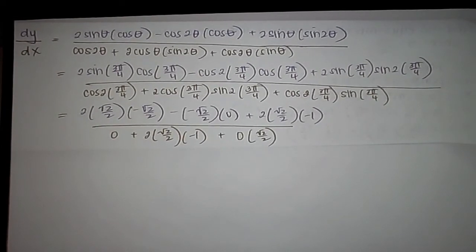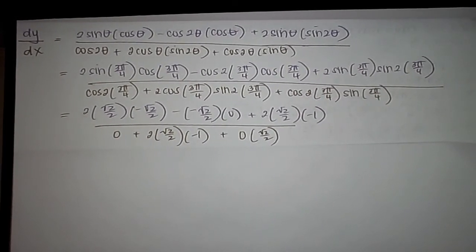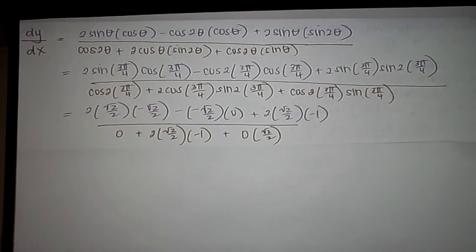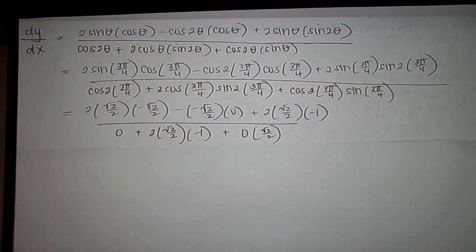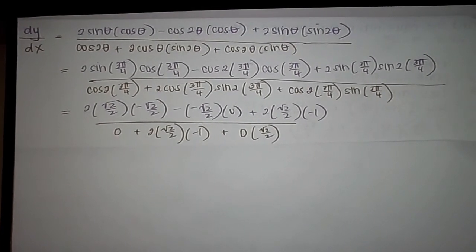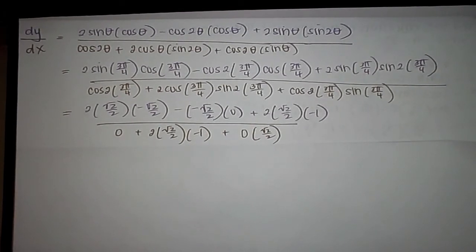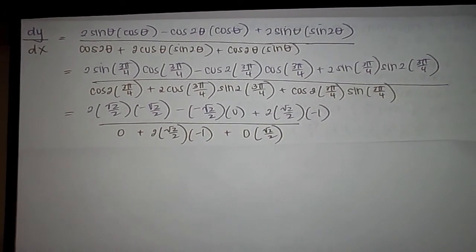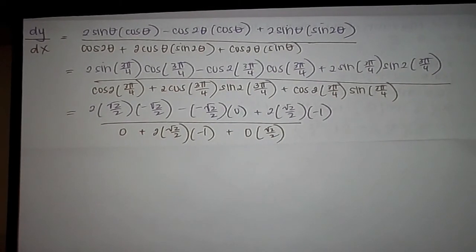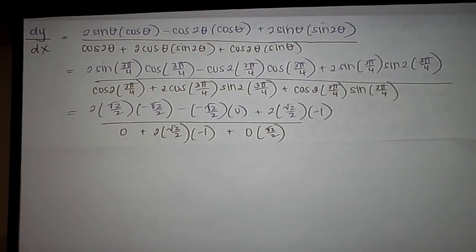So it'll be 2 times radical 2 over 2 times negative radical 2 over 2 minus negative radical 2 over 2, and then the sine of 3 pi over 2 is 0, plus radical 2 over 2 times radical 2 over 2 times negative 1.